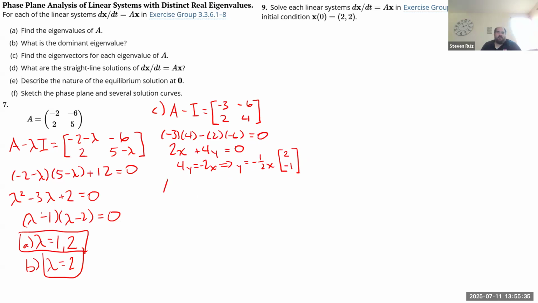The other matrix I want to build is A minus 2I, which gives minus 2, minus 2, so minus 4, minus 6, 2, 3. Okay, so 2x plus 3y equals 0.